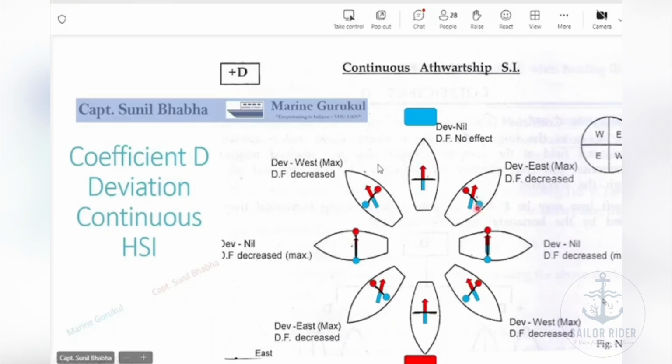Now this deviation which is generated here is the maximum easterly deviation. Why is it maximum? You can easily understand it. If the vessel changes its heading and moves toward the northerly heading, as it moves toward the northerly heading, you will see that the Athwartship beam is lesser aligned with the magnetic field of the Earth.